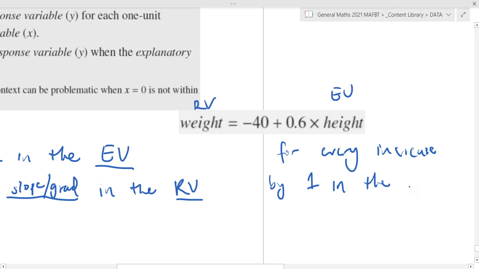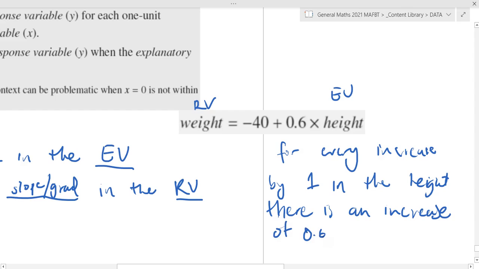So in the height, there is an increase of, and what's the gradient or slope here? Anyone want to tell me? 0.6. Of 0.6 in the RV. Oh, whoops, in the weight.